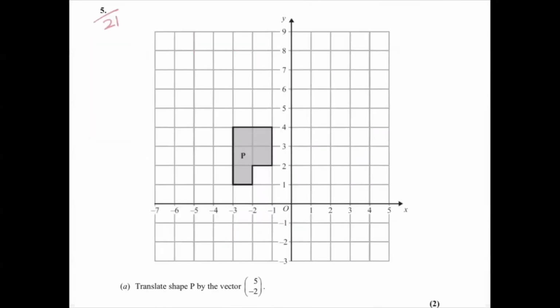Okay, another crossover, both seen on foundation and higher. We're being asked to translate shape P by the vector 5, -2. Now, a translation slides and the vector gives the direction that you need to go in. So a +5 means we will be going 5 forward, and that negative means we're going to be going down 2.